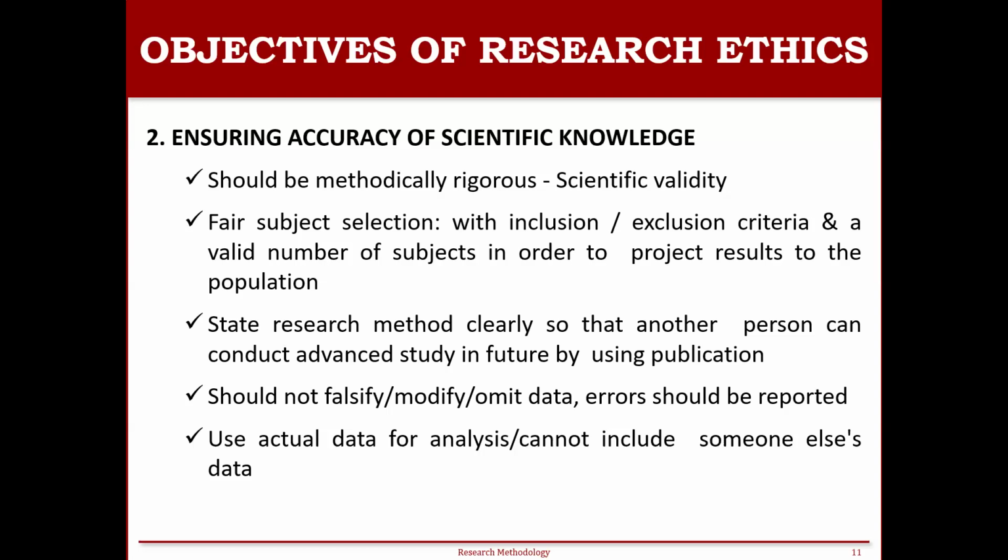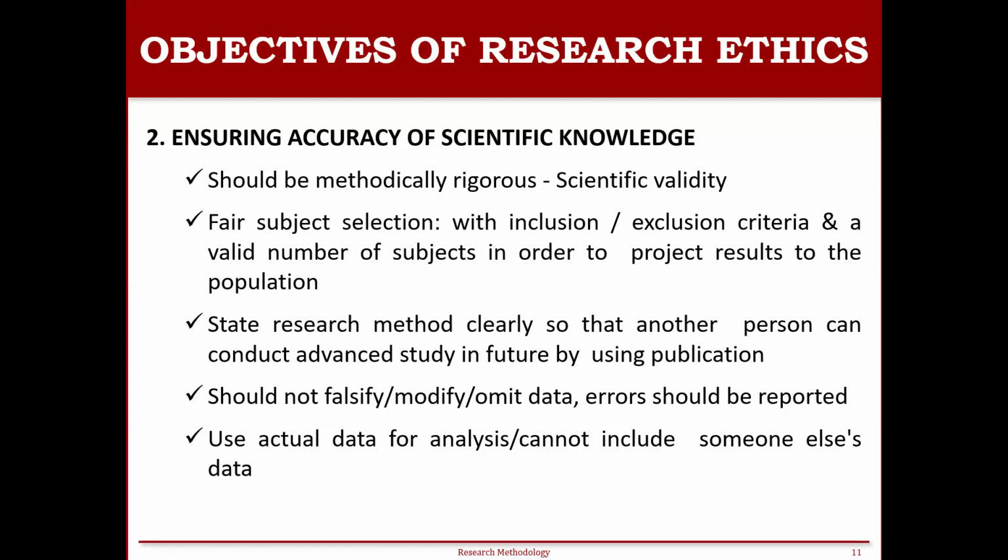When we practically collect the data and get the analytical part and the outcome, sometimes we can't get the intended outcome, right? So don't omit any data and don't modify it.